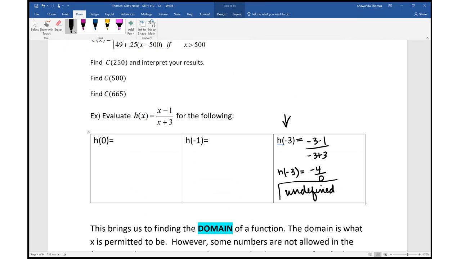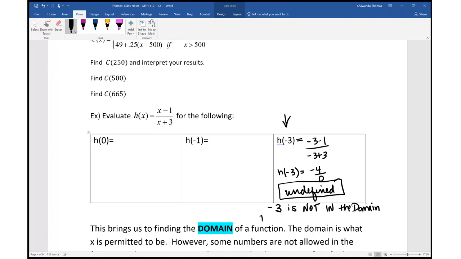So this tells us that negative 3 is not in the area of territory for this particular function, because negative 3 caused an issue. You can plug in any other number and it wouldn't have caused an issue except negative 3. So negative 3 is not in the domain of this function h of x.